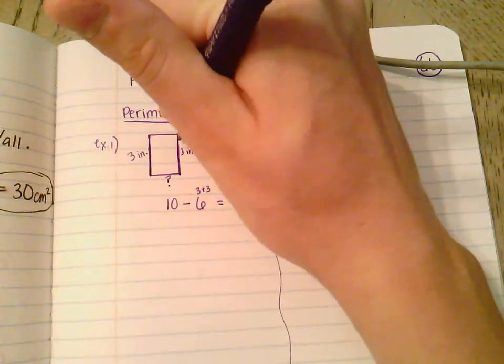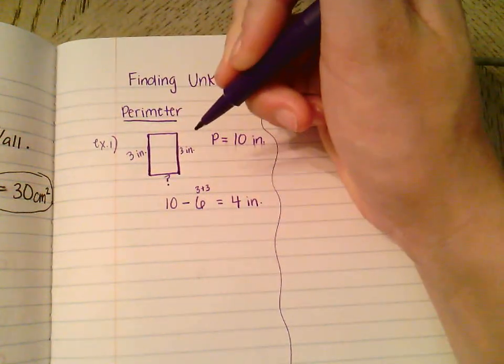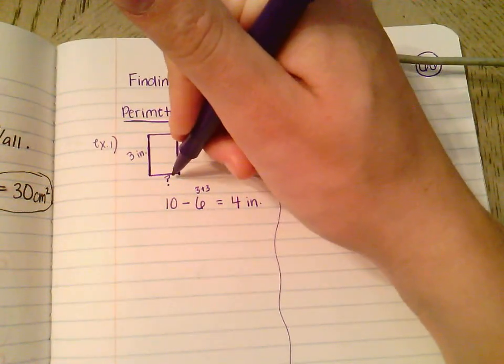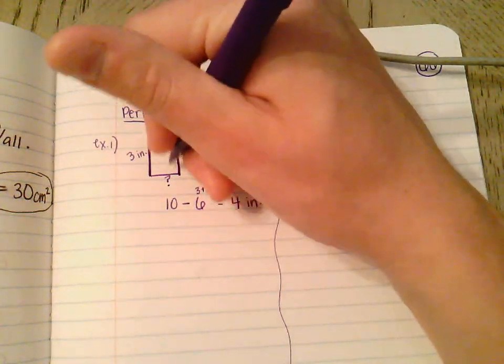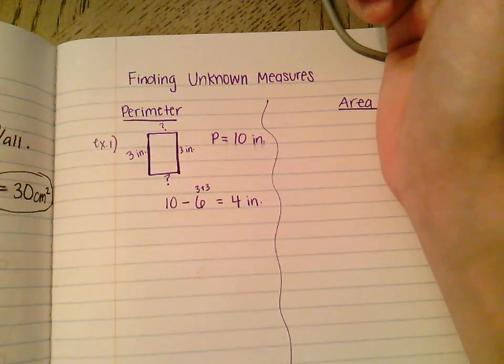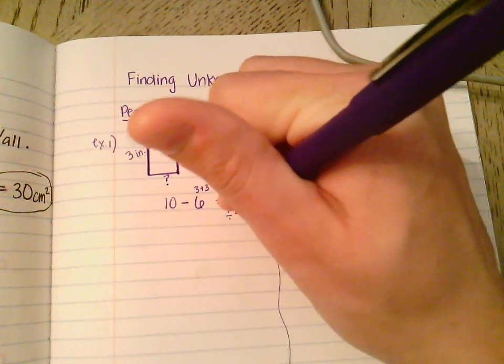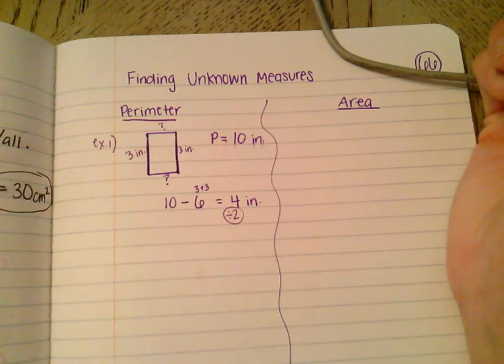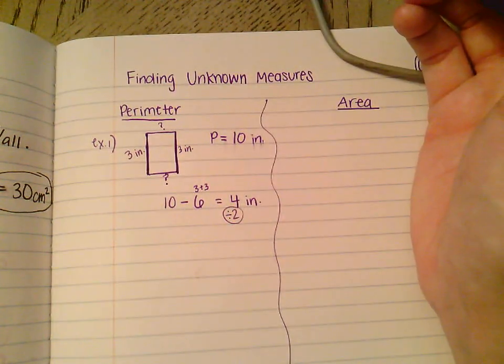So here's the problem though. I can't just say, well, this side is 3, this side is 3, and this side is 4, because I'm not trying to find just the leftover amount, because remember, I have 2 sides here that I don't know. So now I have to divide the 4 by 2, because I have one side here and one side here.